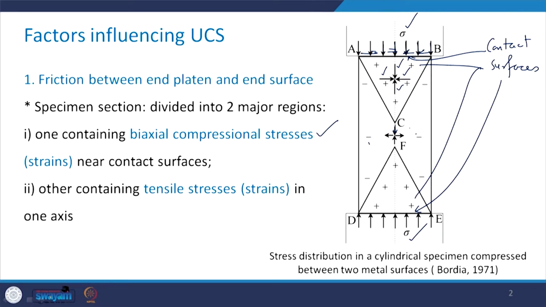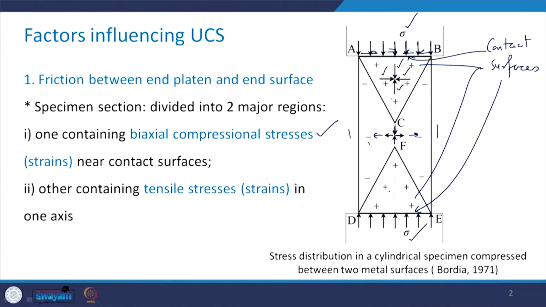However, because there is no confinement here or here, the sample will be subjected to tensile stresses at the center in one axis. So, again, because of the friction, you will have biaxial compressive stresses in these two triangular or conical zones, while in the center part you will have tensile stresses along one axis.